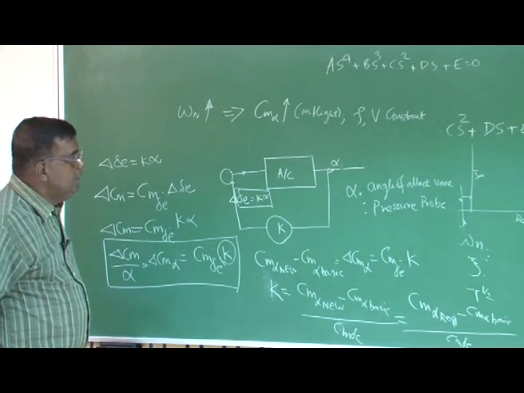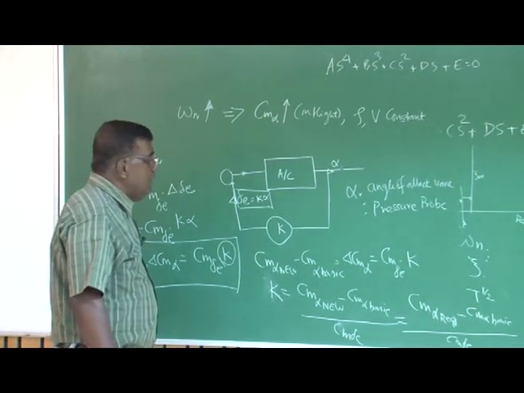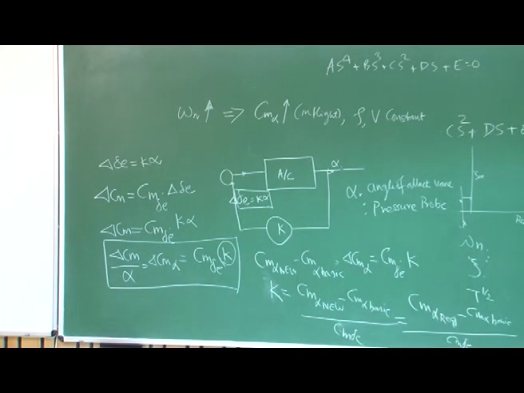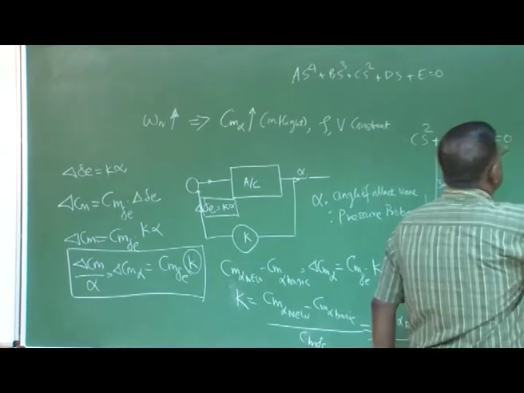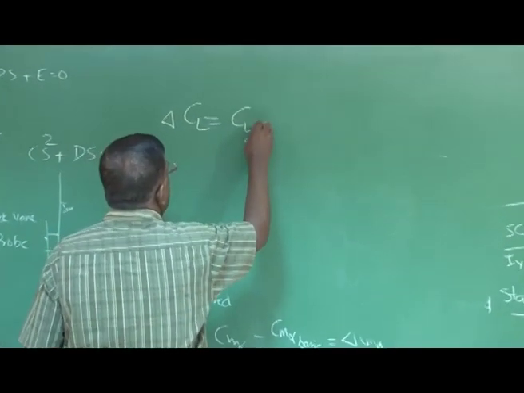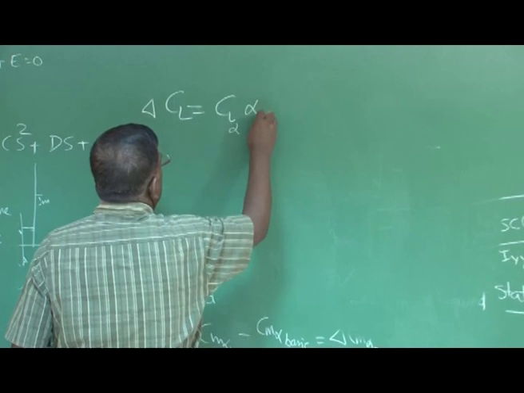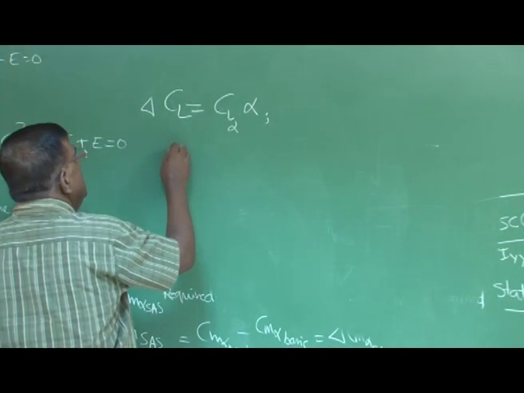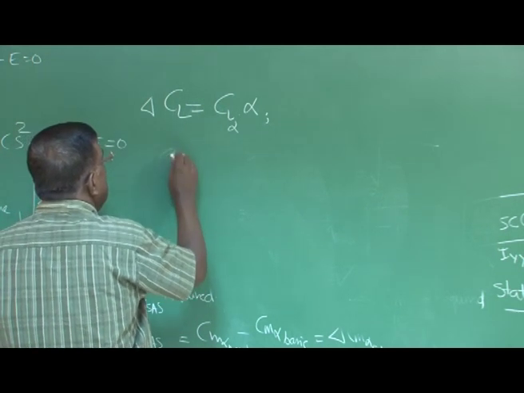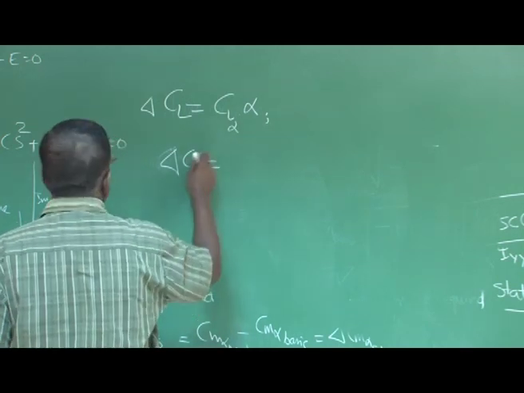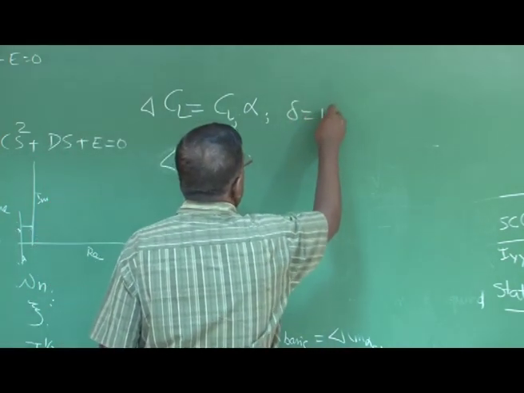This is one. Then you have to also see whether, by doing this, any other parameters are changing, especially aerodynamic parameters. Now you could see that there will be a change in CL also, because CL is given by CL alpha into alpha, plus the addition of delta CL because of delta E, which I have given as delta E equal to K alpha.